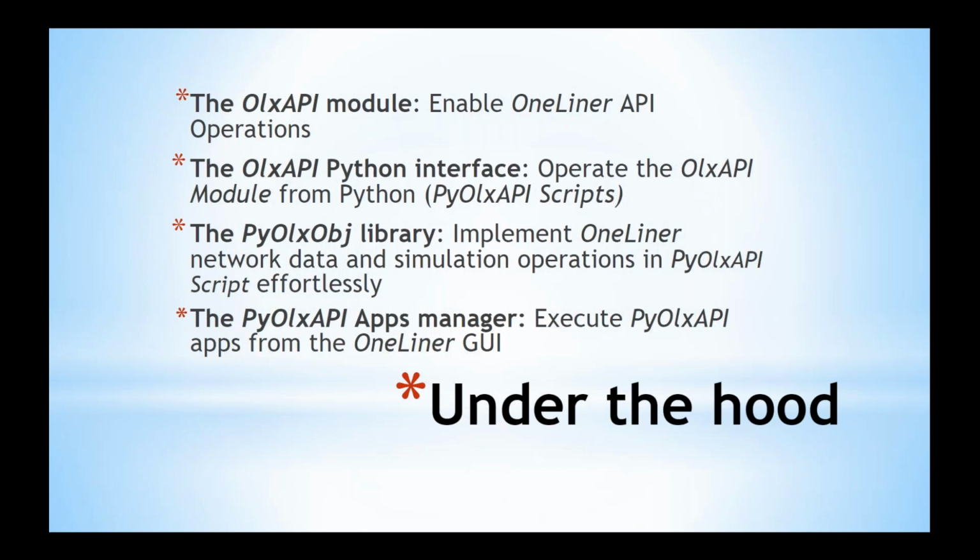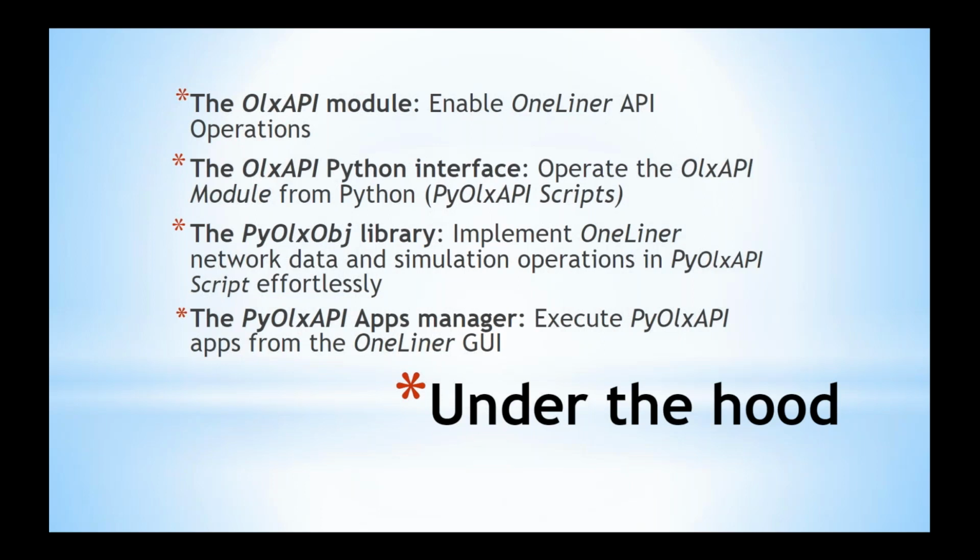Any modern programming language running on Windows should be able to talk to the OlxAPI module, and you can write a program in that language through this module to make OneLiner work the way you would like it to work, not through the keyboard, clicking on the dialog box that ASPEN designed. Okay, so that's the difference.